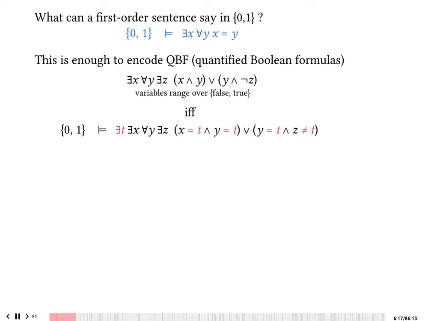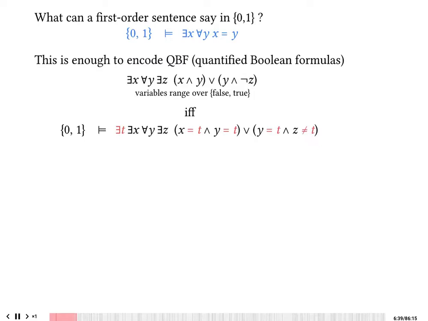If you remember, quantified Boolean formulas are formulas where your variables range over values true or false, and once you've quantified over all your variables, you're allowed to write a propositional formula, as in the SAT problem. So you can easily encode a QBF formula in a first-order sentence with equality.